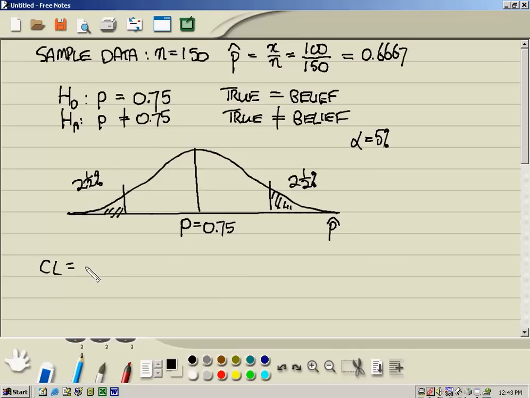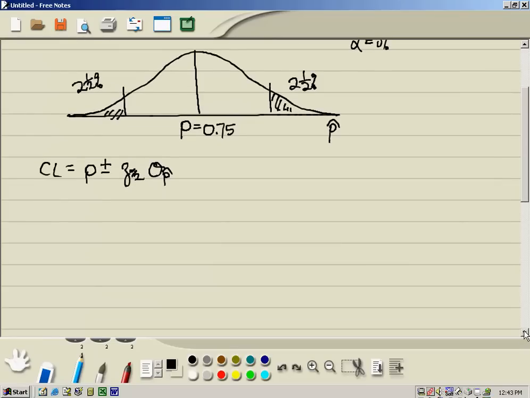So again, we're going to calculate these critical limits. We'll abbreviate by CL, and for proportions that'll be p plus and minus the z with half of alpha in each tail times the standard deviation of that distribution, sigma sub p-hat. Just like the previous problem, the z with 2.5% in each tail, or the upper tail, hasn't changed; that's 1.96.